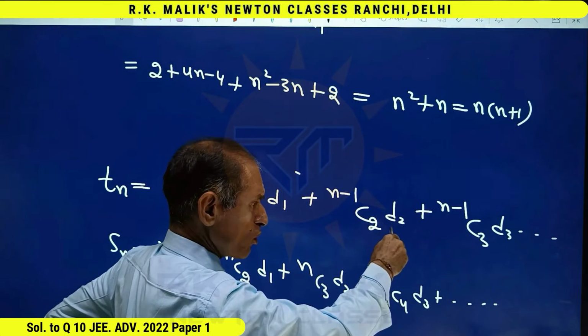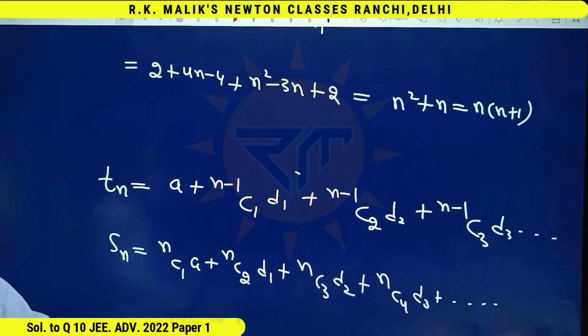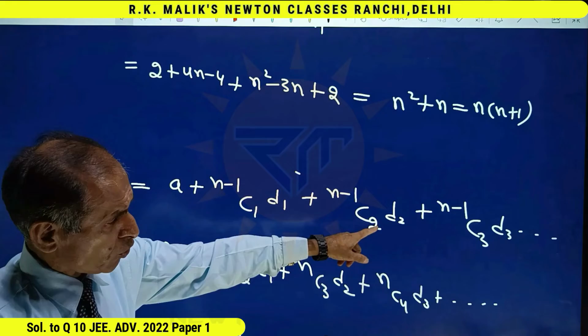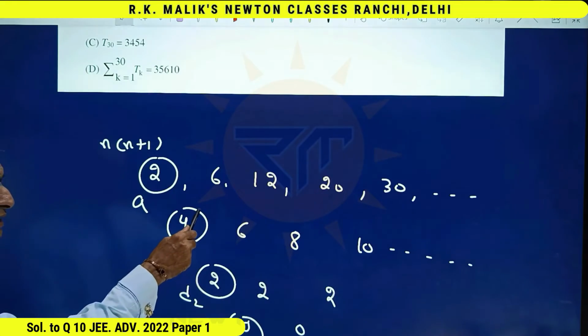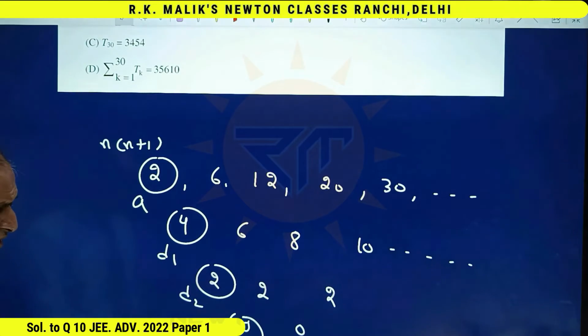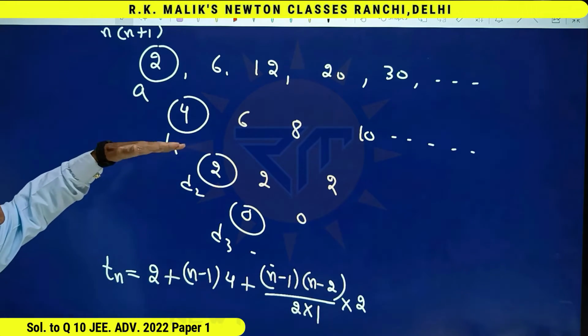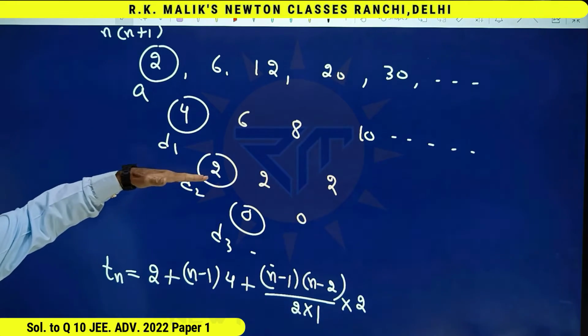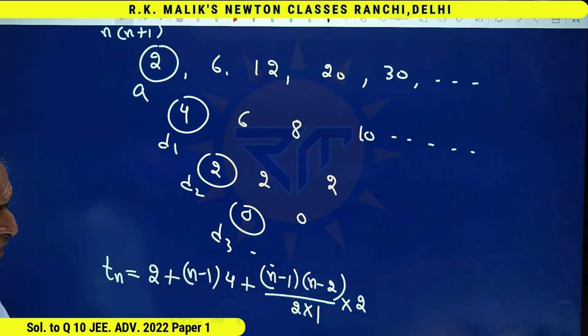I was getting the non-zero numbers up to D2 only. D3, D4, etc. all were 0. I will get the non-zero numbers up to D2 only if I get AP in the first difference, that is, the second difference is constant. If after finding differences I get AP in this step, the next step will be constant and the next step will be 0.